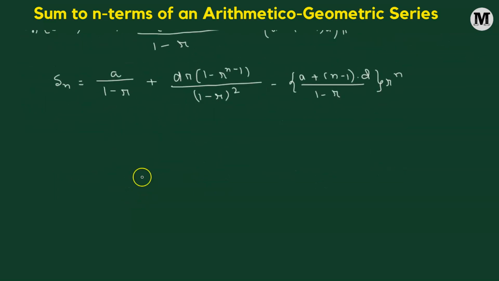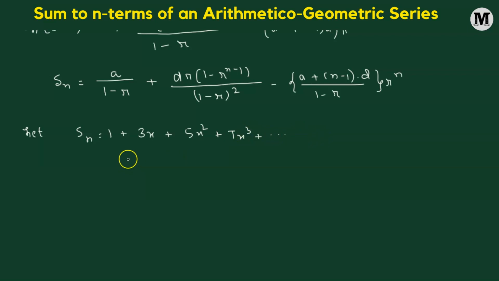Okay, now we can consider an example. Let's say we want to find the sum up to n terms of 1 plus 3x plus 5x squared plus 7x cubed, all the way up to the nth term.